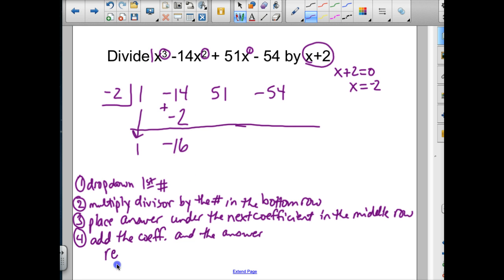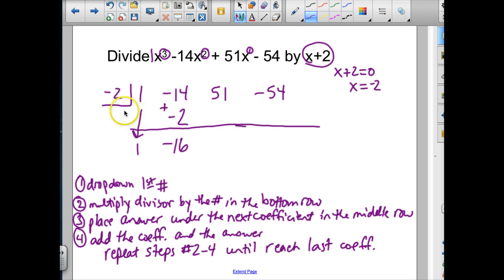Now, we're just going to keep repeating steps 2 through 4 until we reach the last coefficient. So negative 2 times negative 16, that's step 2. Multiply the divisor by the number in the bottom row. Negative 2 times negative 16 is 32. Put that under the next coefficient.